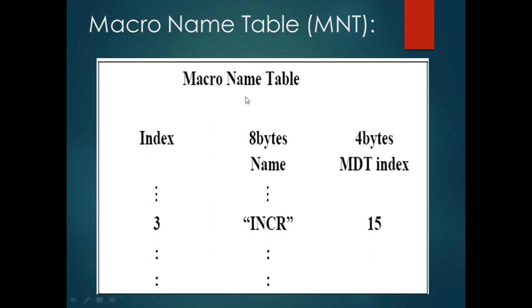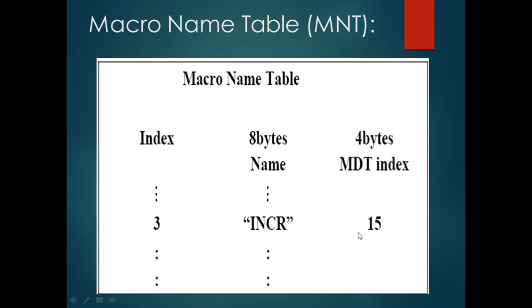As you can see, incr is the name of the macro which is stored at index 3, and this 15 is the MDT index, that is macro definition table index.